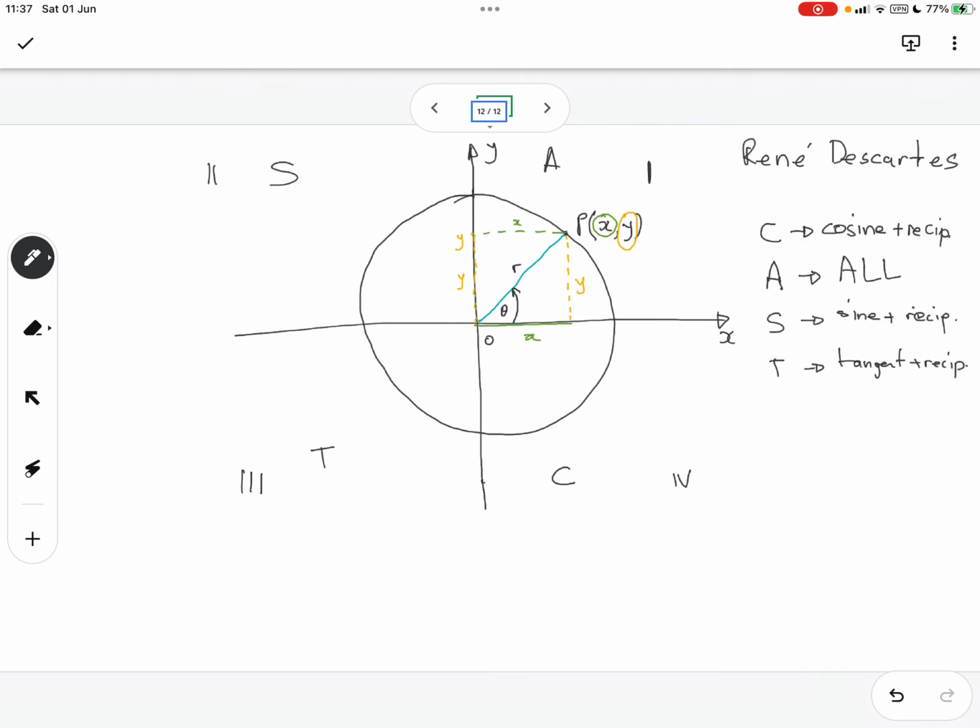And then the other thing that we must also pay attention to with this CAST diagram is the following. Here, x and y are both positive. Here, x is positive, y is negative. Here, y and x are both negative.